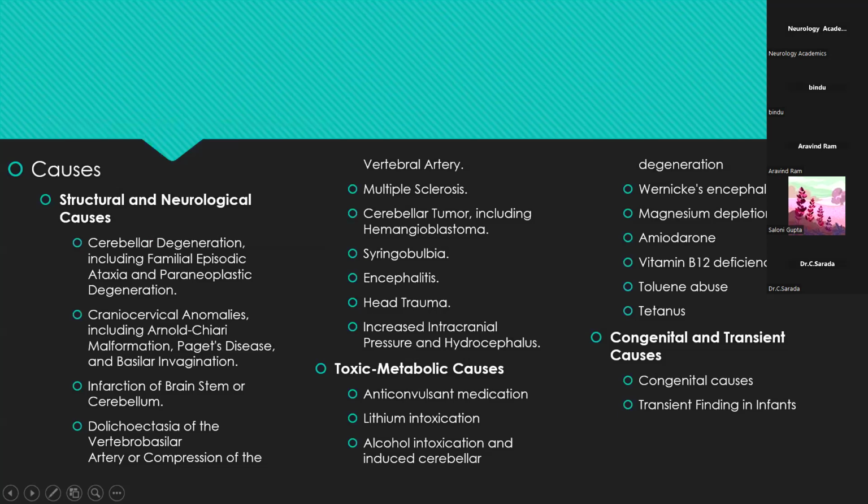So these are the various causes of downbeat nystagmus. However, the most important ones are cerebellar degeneration and craniocervical anomalies and hydrocephalus, and it could be seen in congenital causes as well.